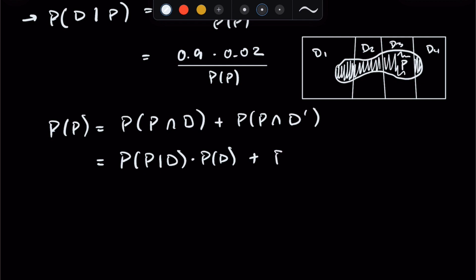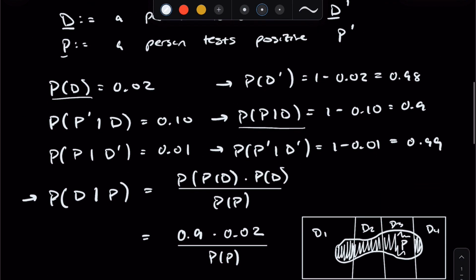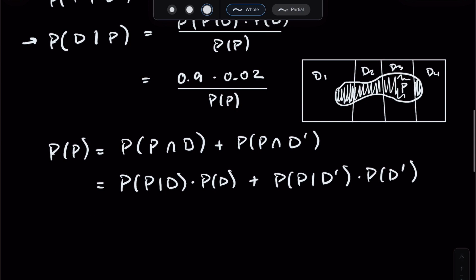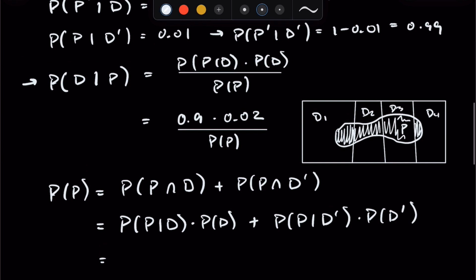For the second term, probability of P given D prime times probability of D prime. Now we have four terms, all of which we know the value of, all of which we have from our metadata derived from the original problem statement.